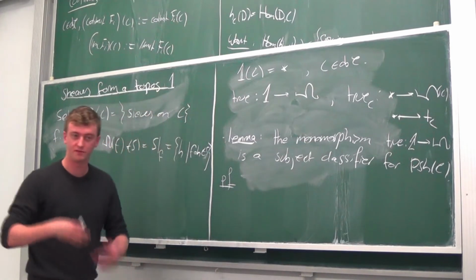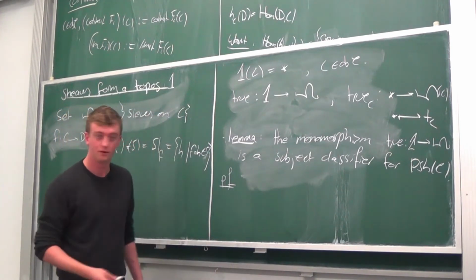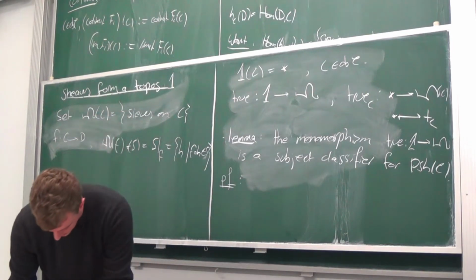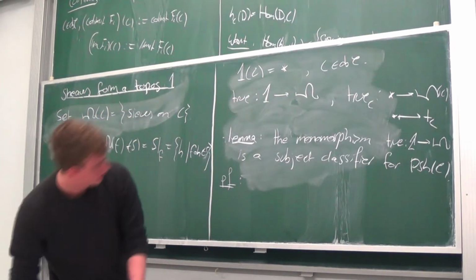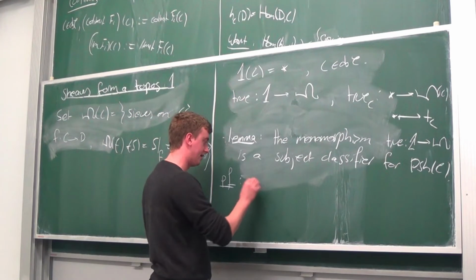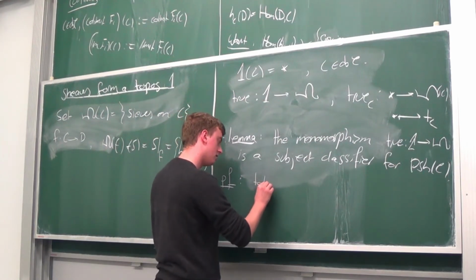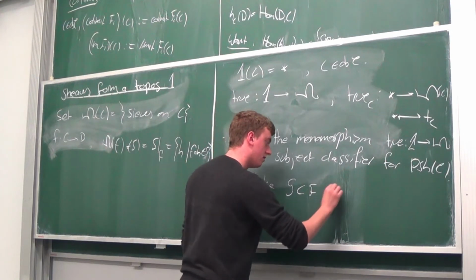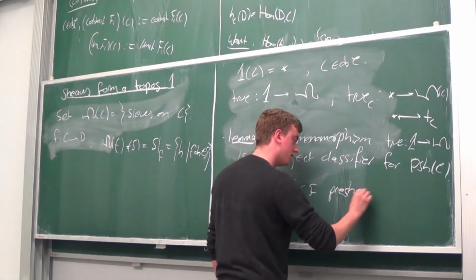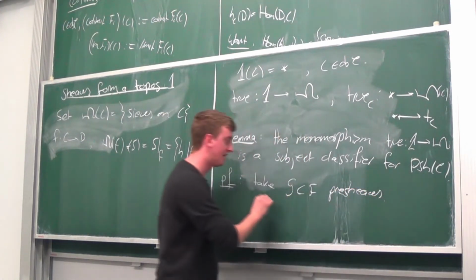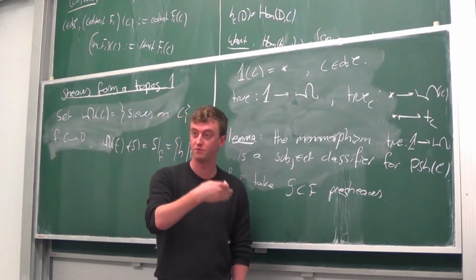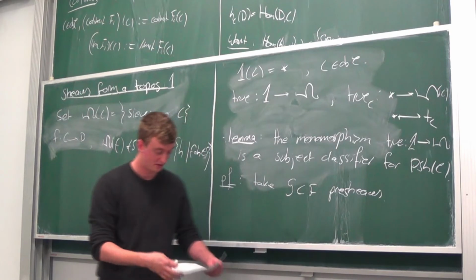To begin our proof, I'm going to give a little sketch of what the picture is in this situation. Suppose we have a pair of presheaves where G is a subpresheaf of F. This means that on every object, G of that object is inside F of that object.